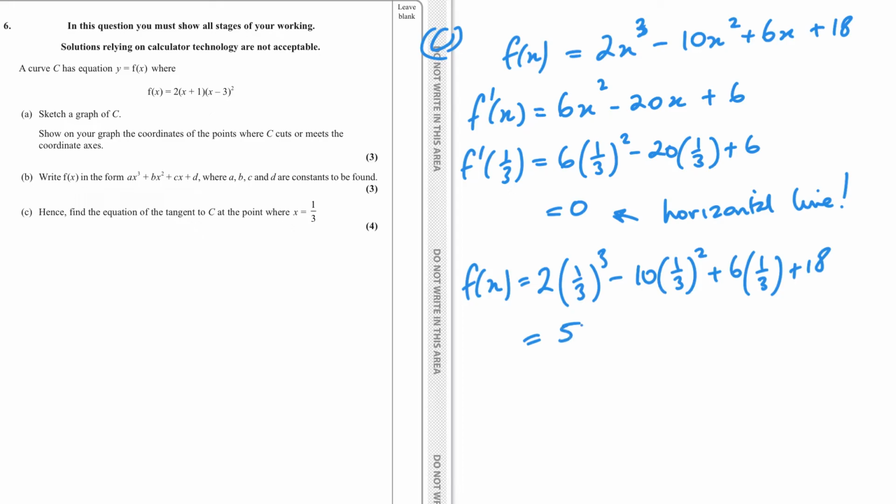And this is 512 over 27. So y equals 512 over 27, or y equals 18.96 to 2 decimal places. Very unusual question, that one, part C, or certainly answer.